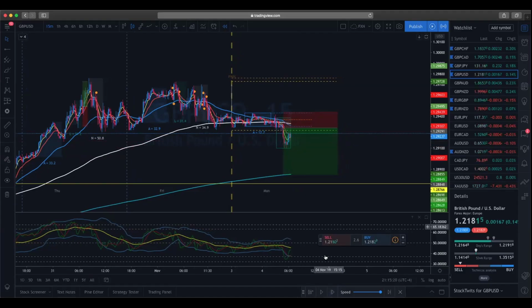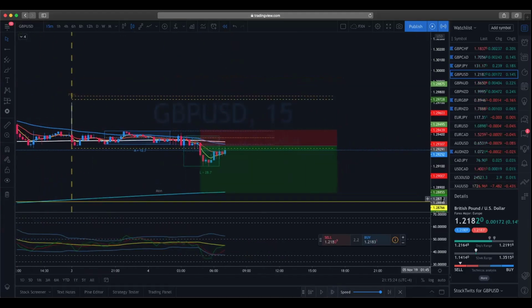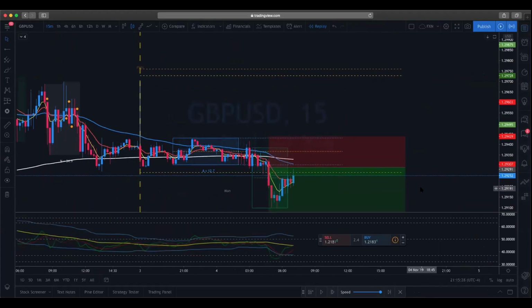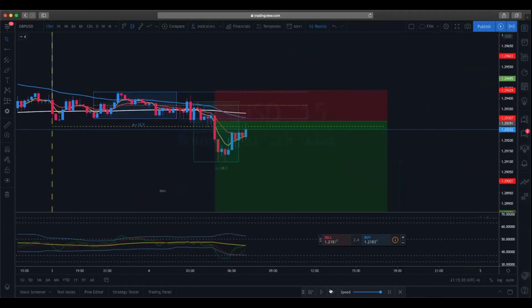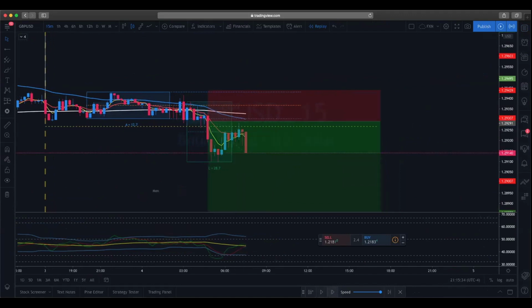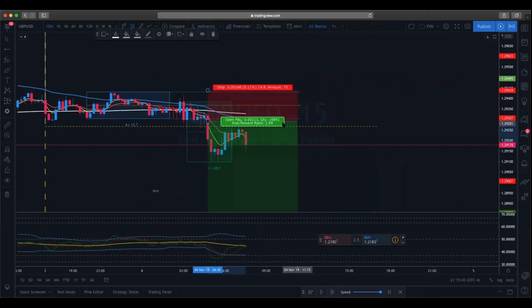So you're going into the US session, and look, you're going into the US session. Look where you are. You're all the way up here going into the US session.